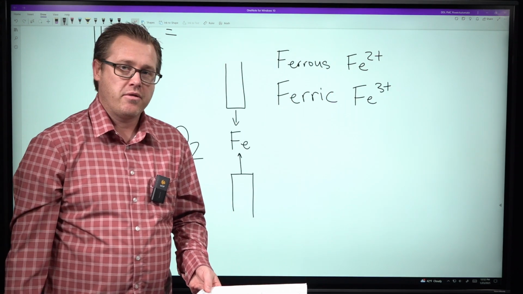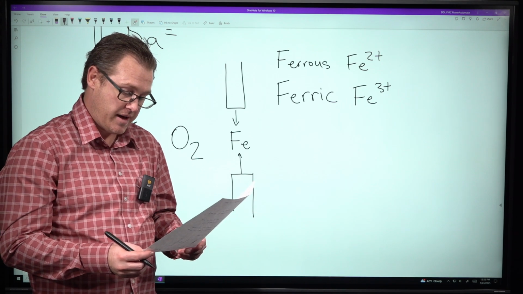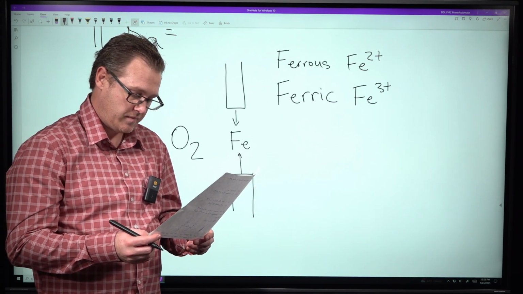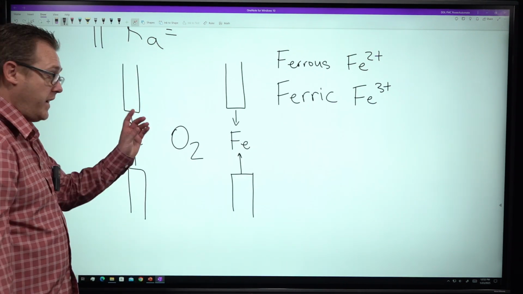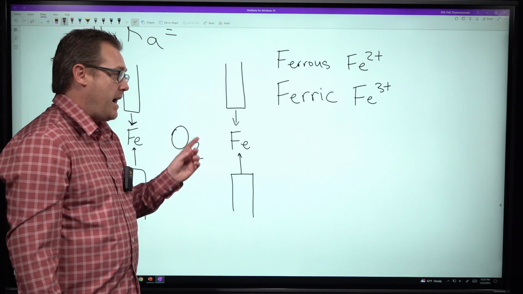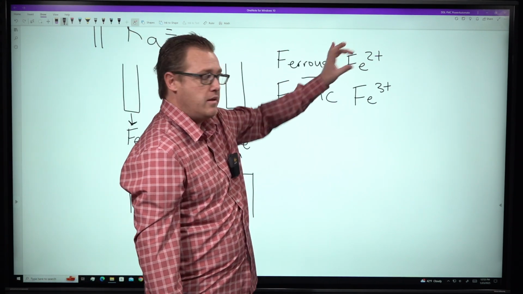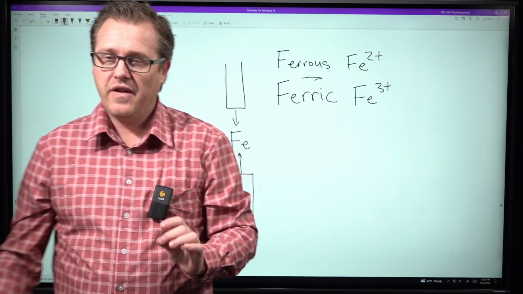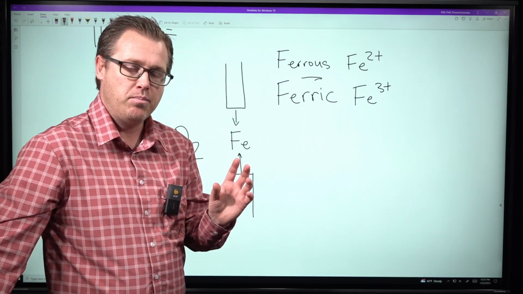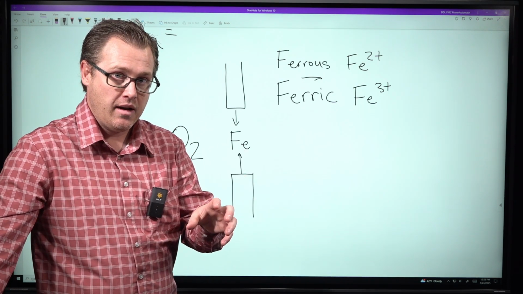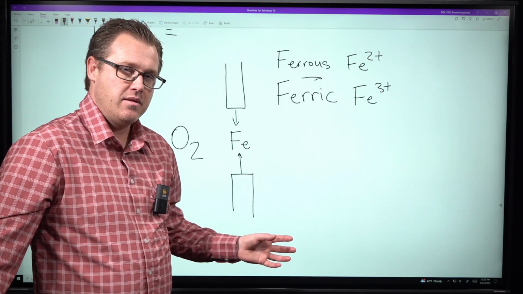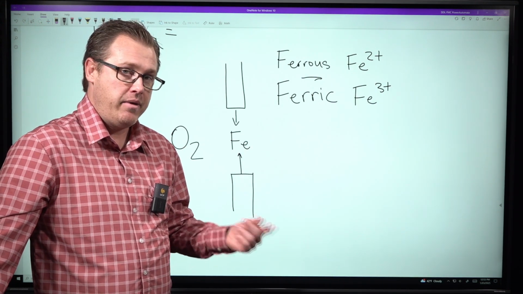And in the iron 3 plus or the ferric state, it does not bind oxygen. Okay. Another cool feature about the iron 2 is that in the ferrous state, oxygen binds reversibly. So it can bind to iron and fall off of iron. Iron 3, we don't get any of that.